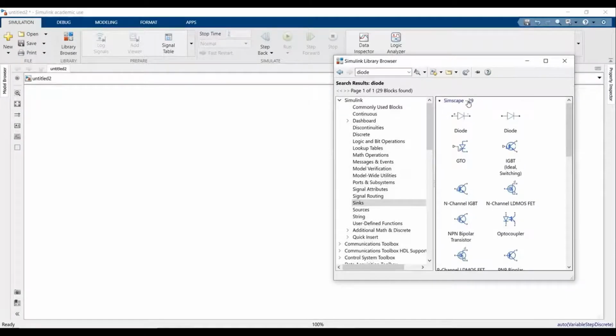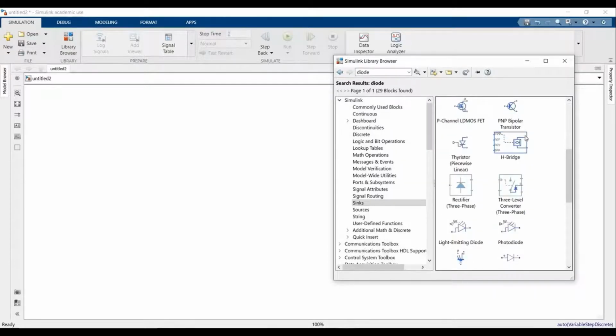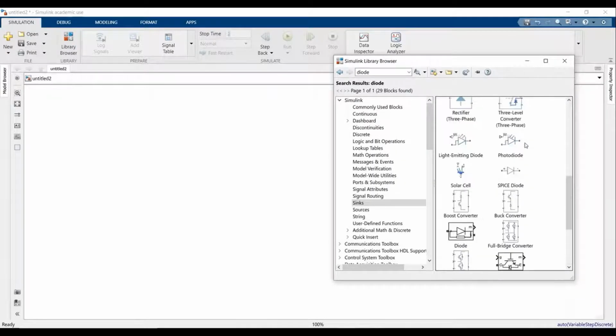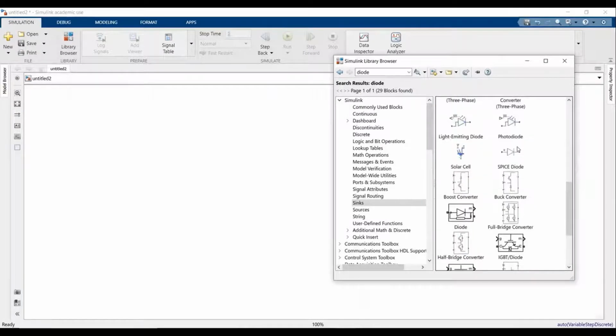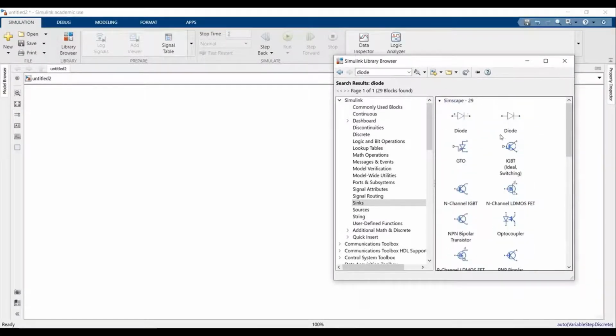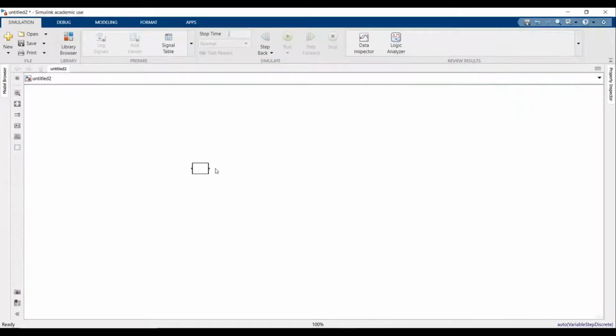You can see that now the top menu is shown as Simscape. So only Simscape has diode related components. Okay, let's type diode, put it out onto my Simulink window.